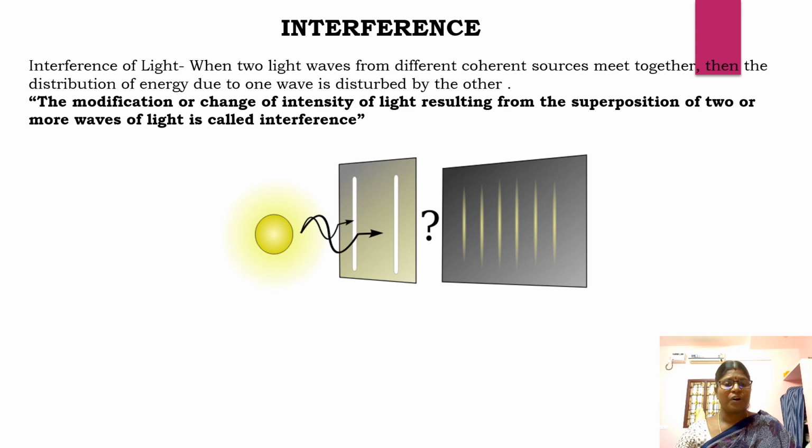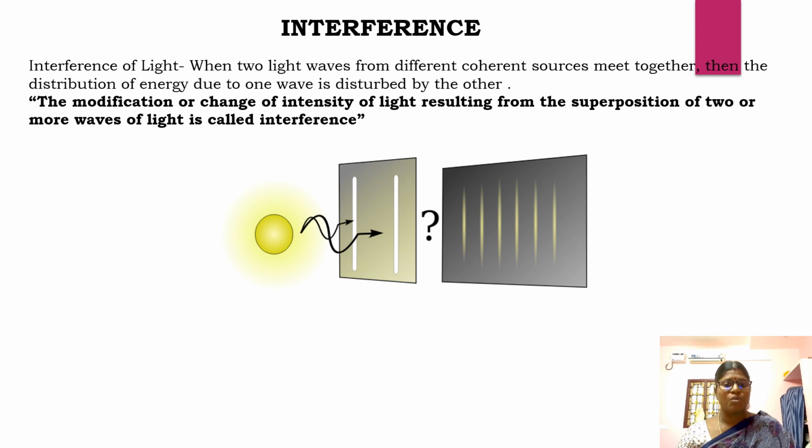The important thing is, for the phenomenon of interference, we need two monochromatic sources. Generally, light emerging from a single source is passed through a double slit separated by a distance. The light passing these two slits will act as two individual sources.